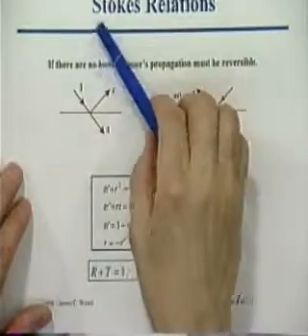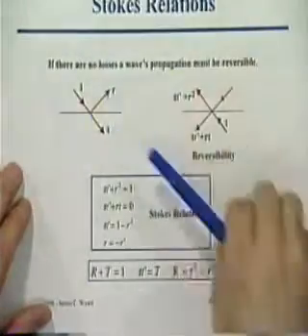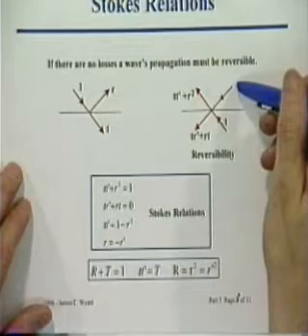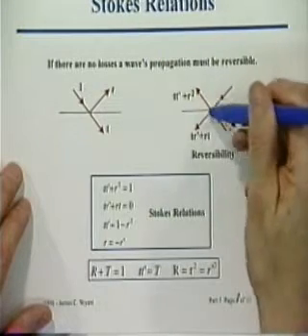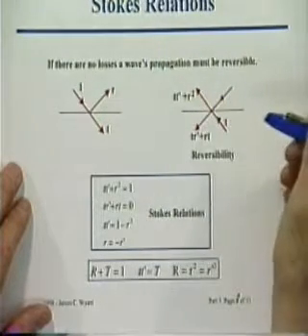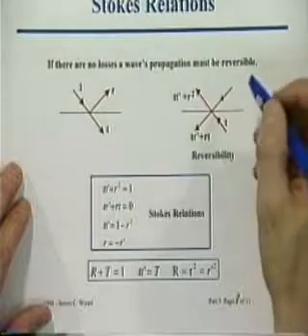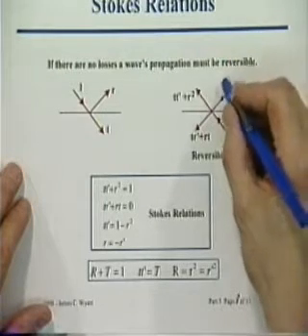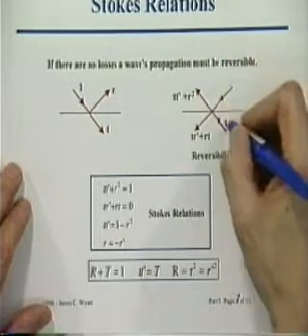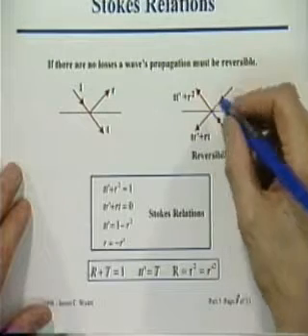Now let's turn the light around in the opposite direction. So I turn this around in the opposite direction. So I had r coming back, t going back.